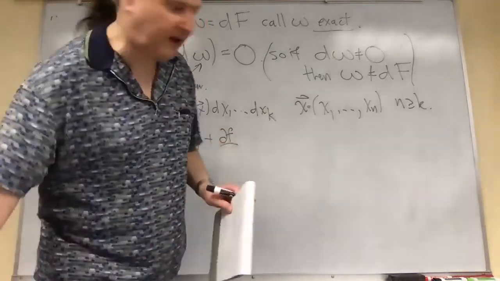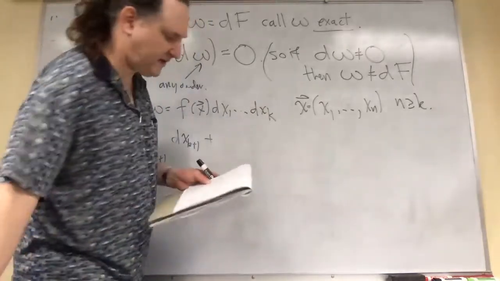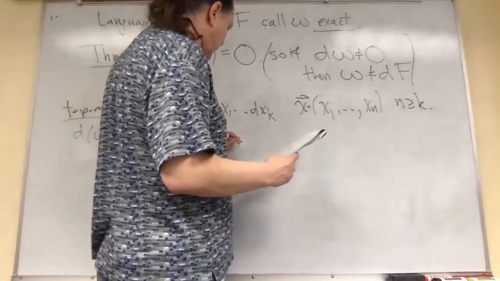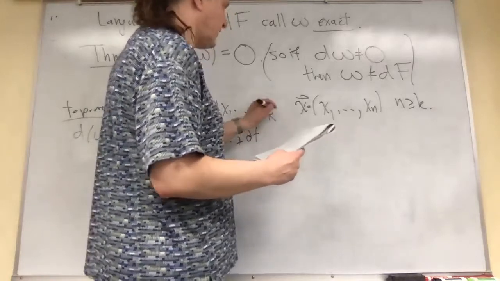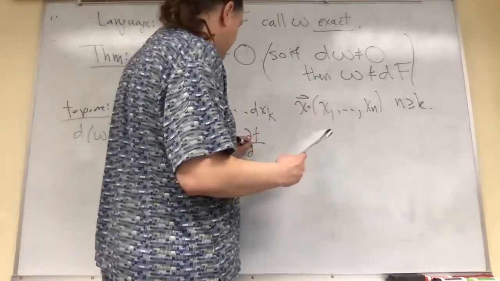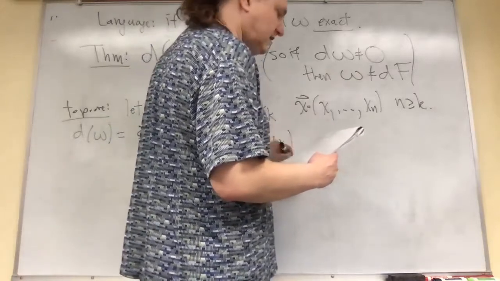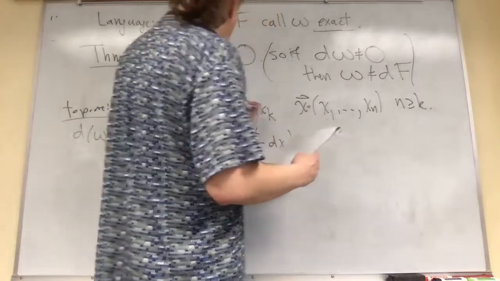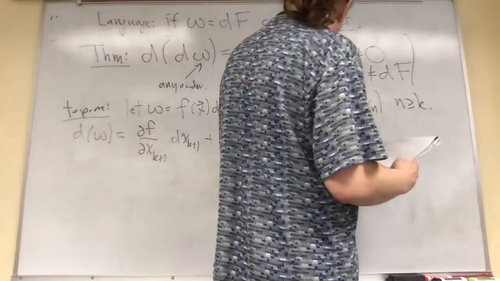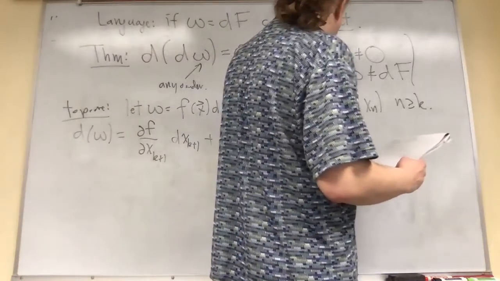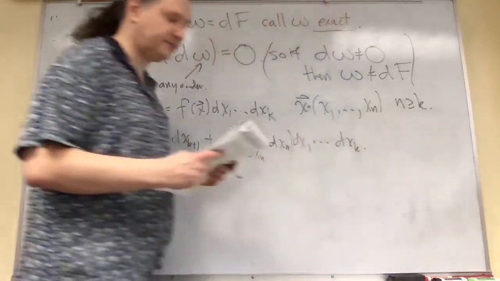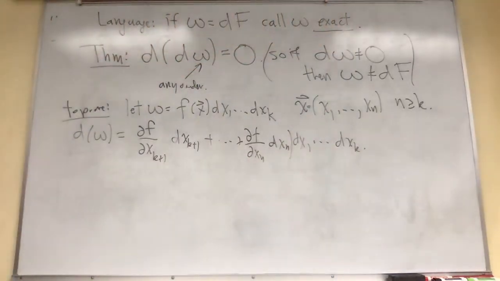I think I will save us a little bit of board space again. We have this for all of our variables after k up to n. So this goes up to del f, del xn, dxn. And this still has the dx1 up to dxk. All right.